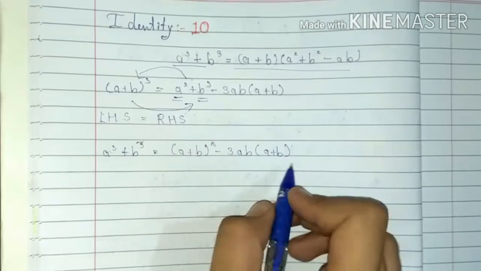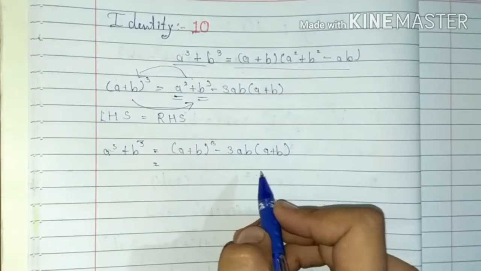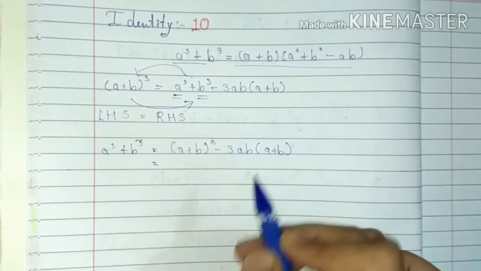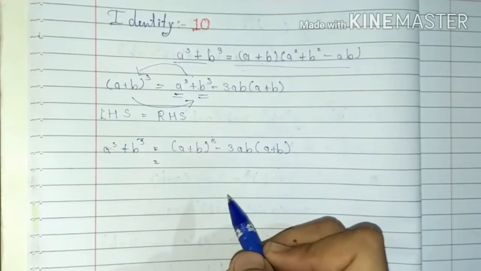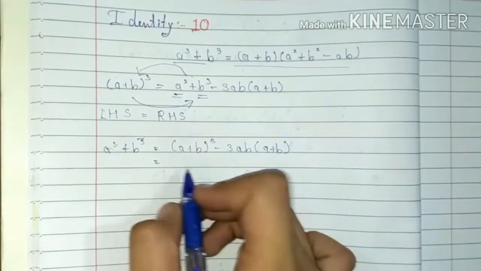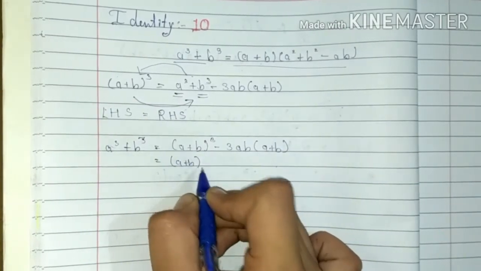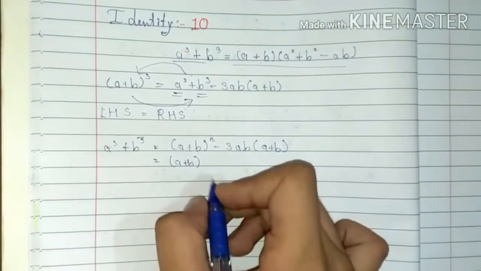So when we look at this, you can see that there are a plus b and a plus b. Here a plus b is common. So let us take a plus b as a common factor.